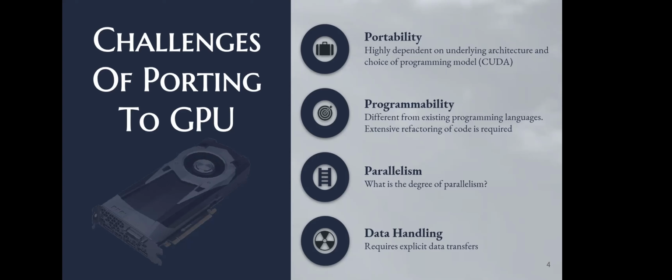And finally, the topic of today's discussion, data handling. CPUs and GPUs use different physical memory. Before doing any computation on the GPU, we need to make sure that data is synced between CPU and GPU memory. Often, this results in a lot of execution time spent in data transfer between these two devices.